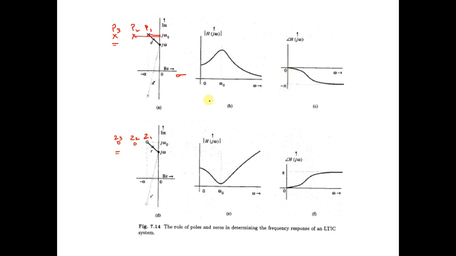When the coordinates are the same, B1 and R1 would be the same, and since one is in the numerator and one is in the denominator, it gets cancelled out, and there would be no effect of the pole or the 0. So placing a pole over a 0 or vice versa cancels each other's effect.